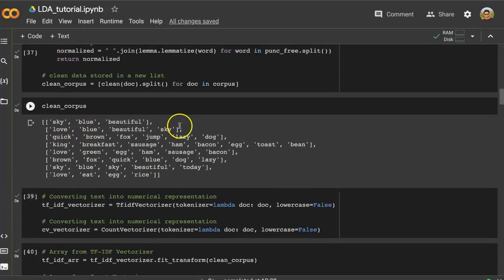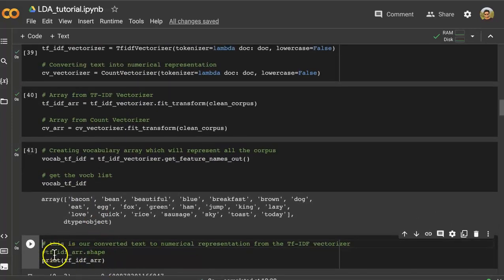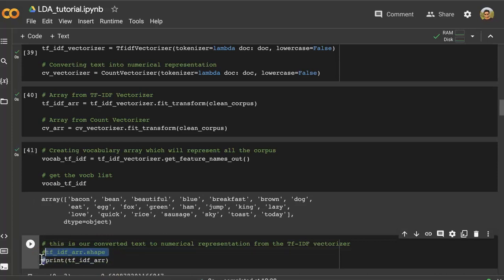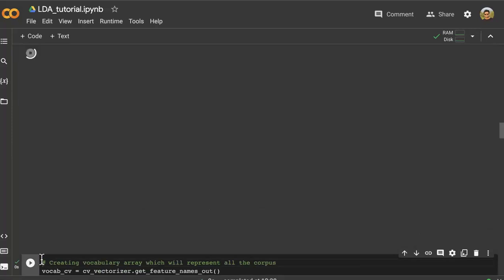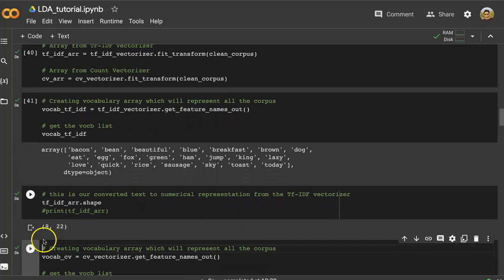And how these 22 entries represent each of these words, let's see. You can check the size of this vector. Yes, it is 8 cross 22, because there are 8 documents, and each document is now represented by this 22 feature vector. And what are these features?